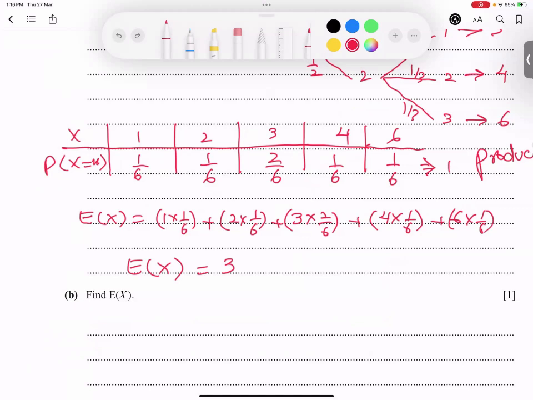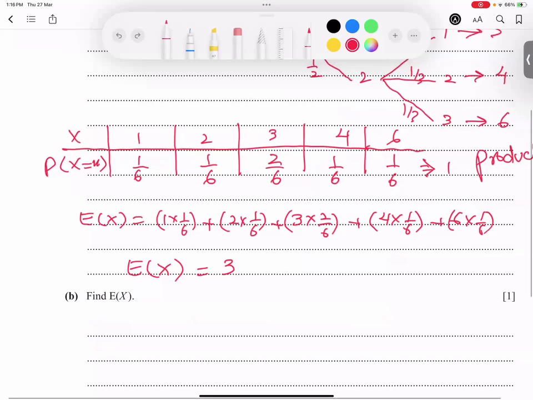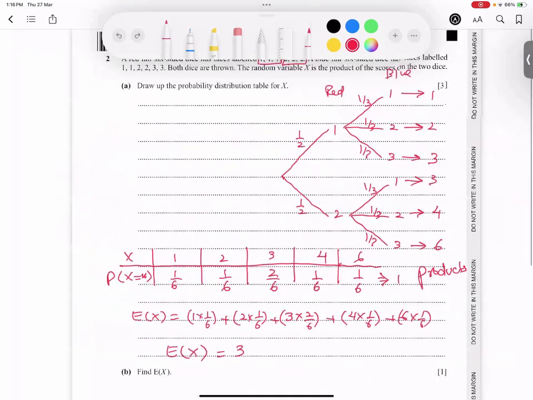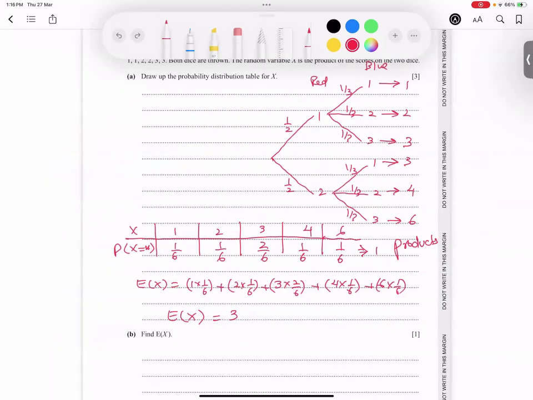Check again: it turns out to be 3, correct. So if we check it now, I think all is okay. I hope the point is very clear, and we have done this question. Let's go for the next question.